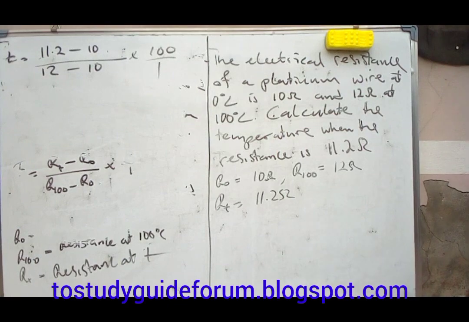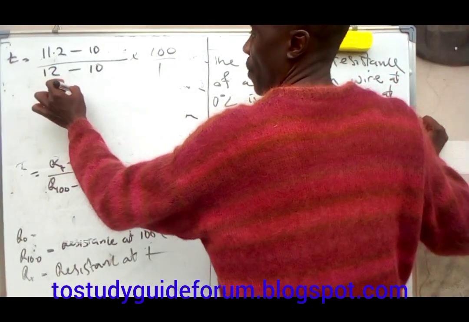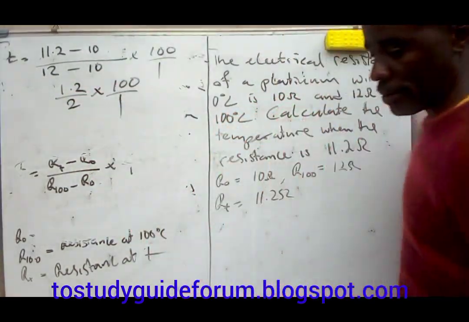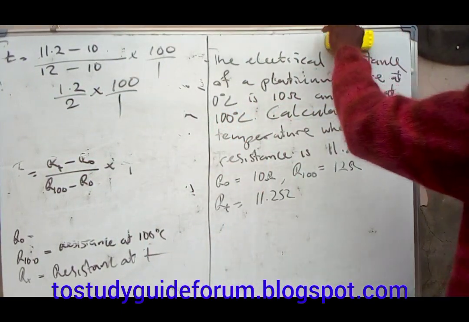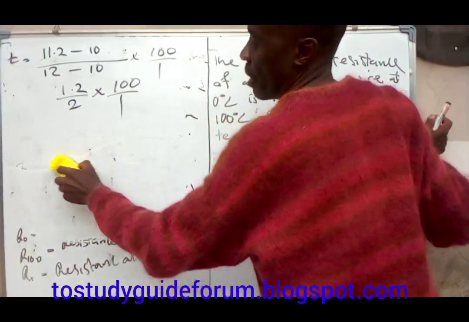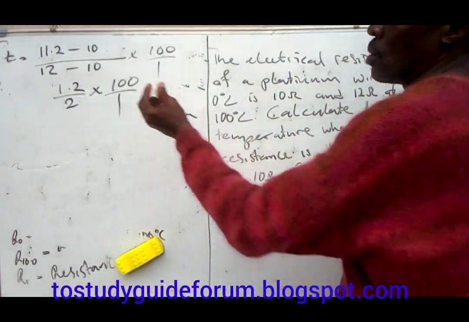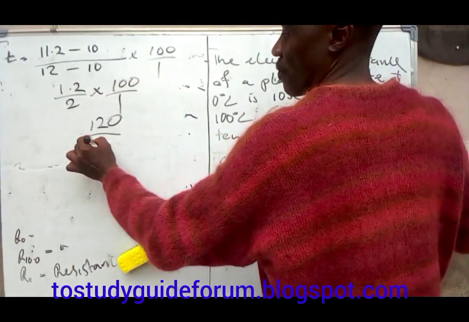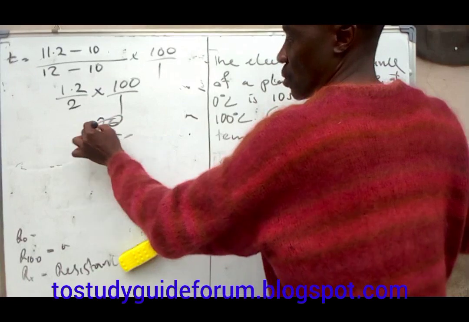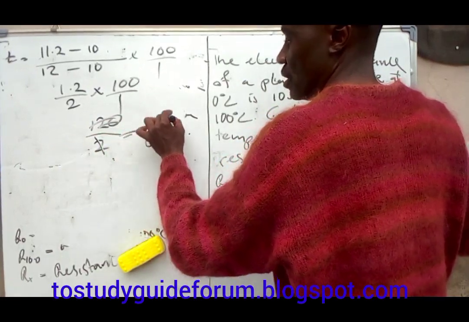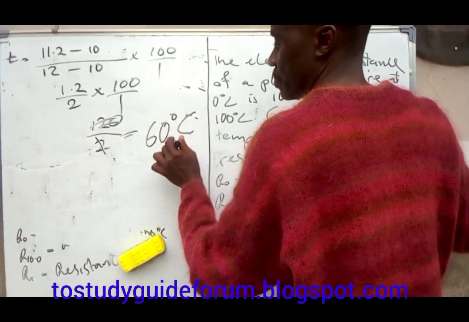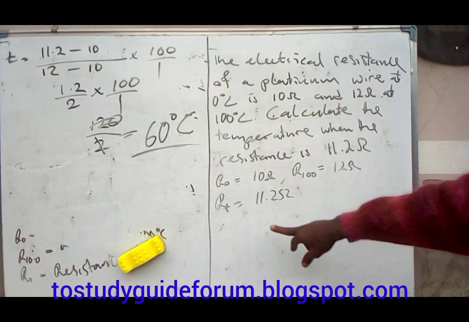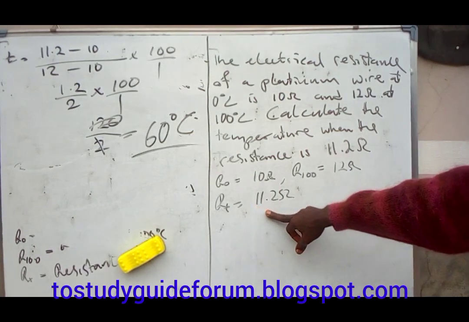When we subtract, we have 1.2 over 2 times 100 over 1. The next thing is to multiply through: 1.2 multiplied by 100 gives 120 over 2. That gives 60 degrees Celsius. That's the temperature when the resistance wire records 11.2 ohms.